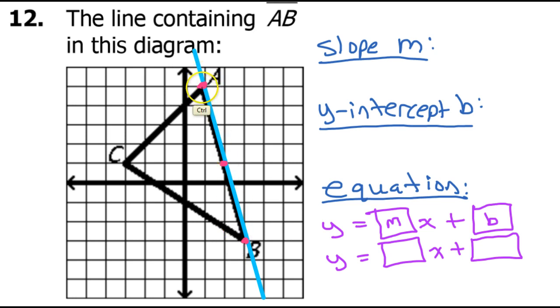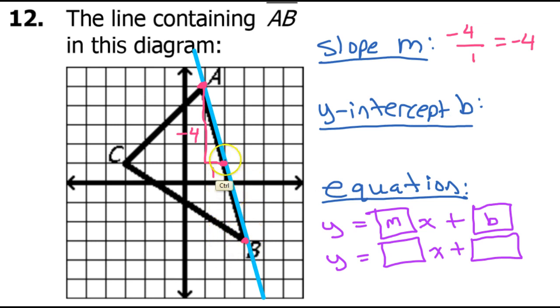And as I go from one point to the next, let me test it out. This seems to go down 4, right 1. So we talk rise over run. So that would be -4 over 1. So the slope is down 4, right 1, which is simply -4.